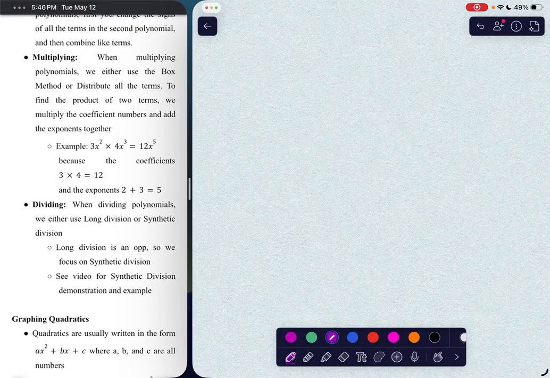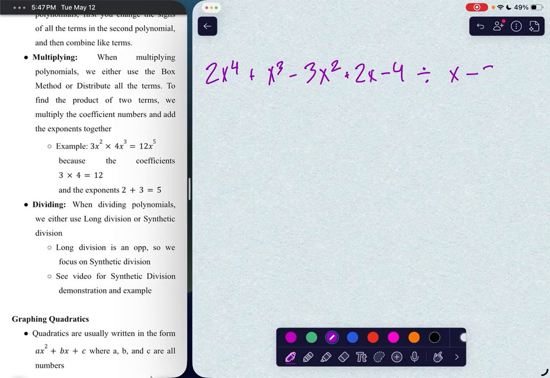So let's say we have something like 2x to the 4 plus x to the 3 minus 3x squared plus 2x minus 4, divided by x minus 2.